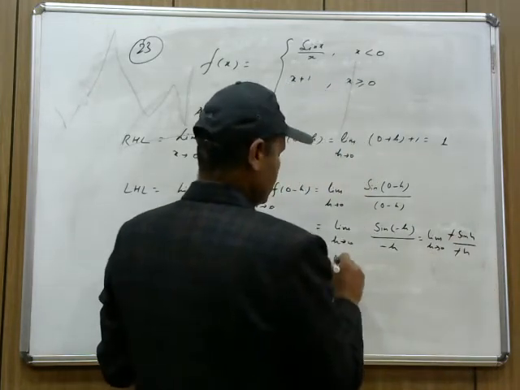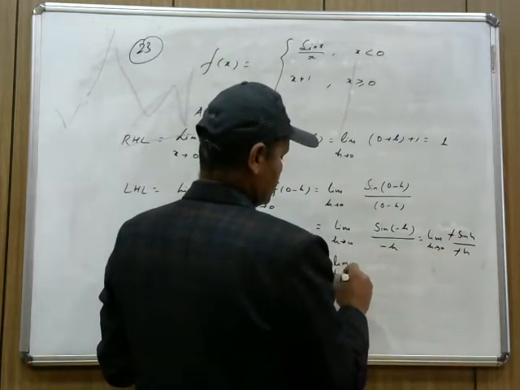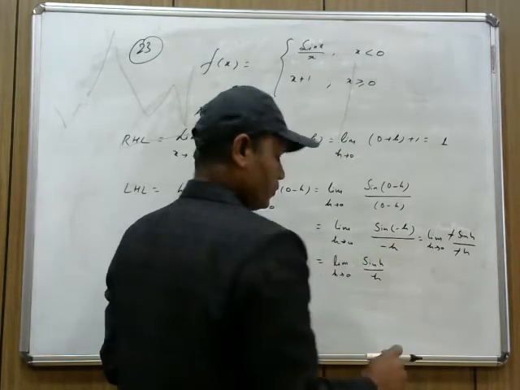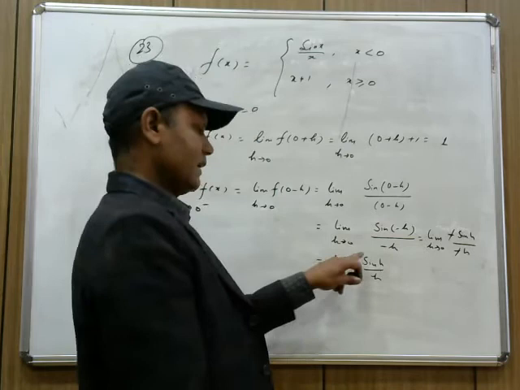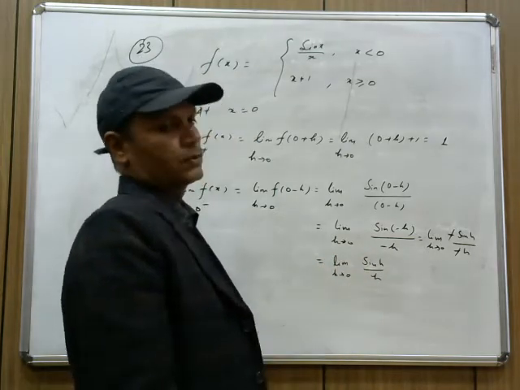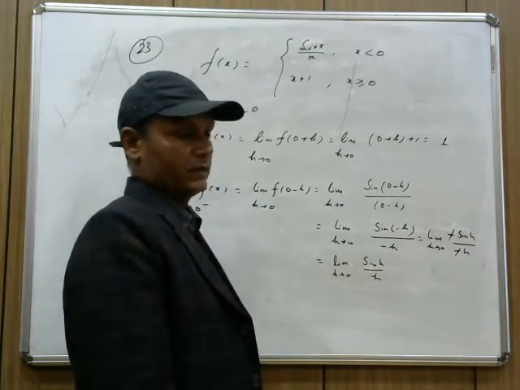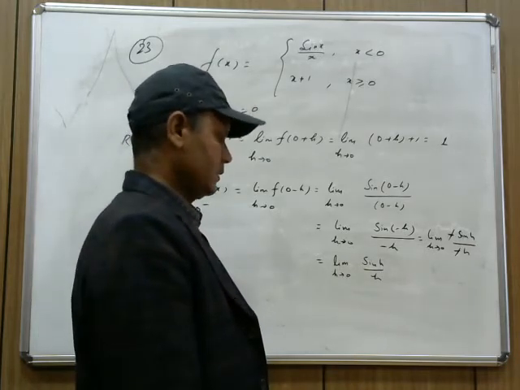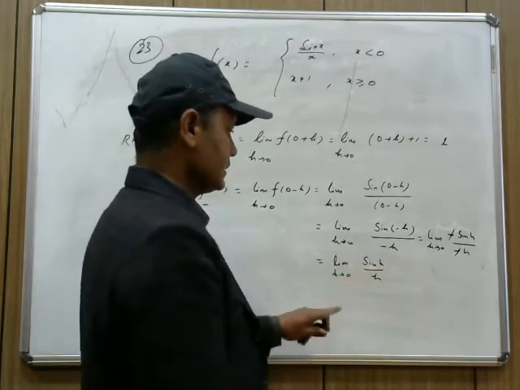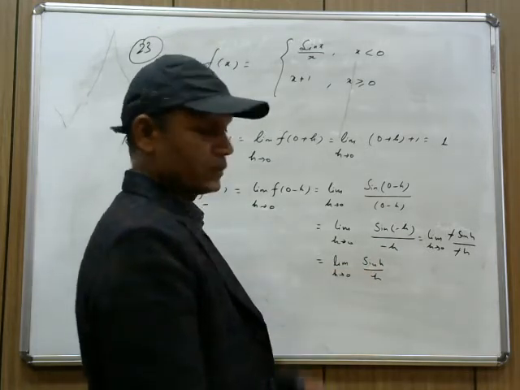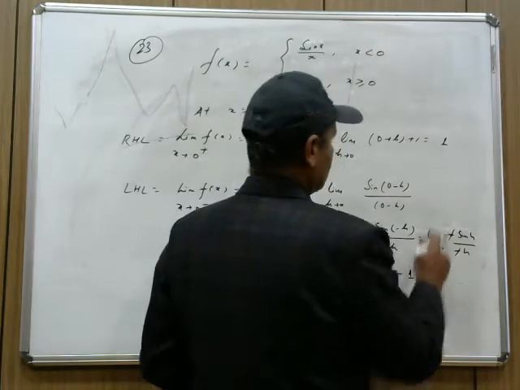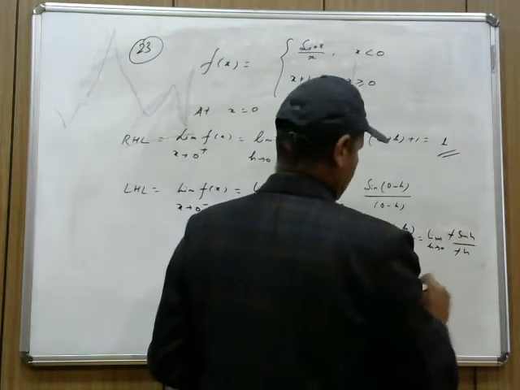Now this will give you limit as h tends to 0 of sin h by h. And you know that limit of sin x upon x as x tends to 0 is 1, the formula which we use for the limit. Here limit sin h by h is equal to 1. This is also 1.